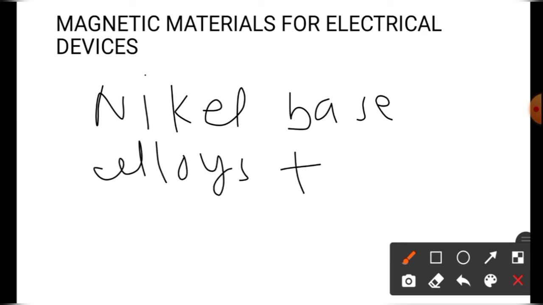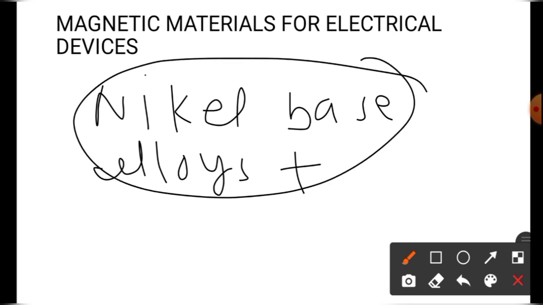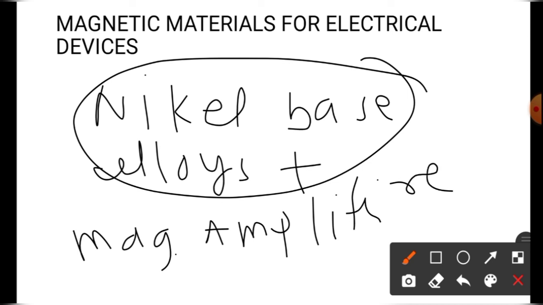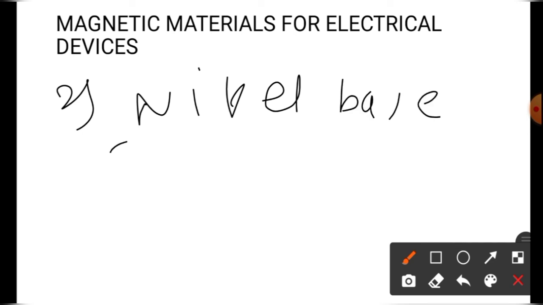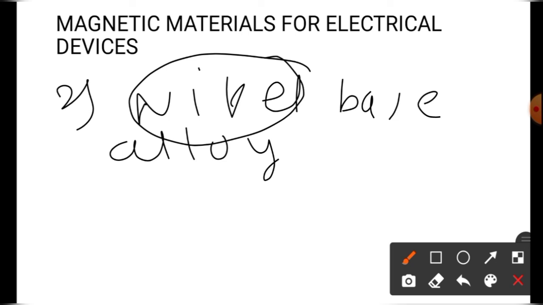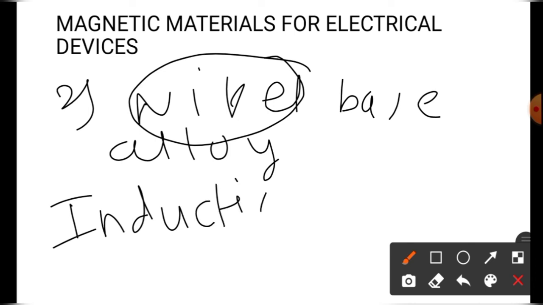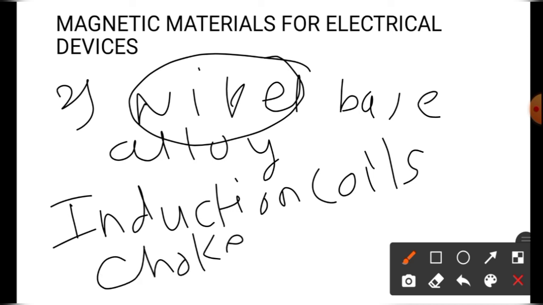When we add more nickel in the nickel base alloy, this material is utilized in magnetic amplifiers and current transformers. Second, in the nickel base alloy, when the percentage of nickel is reduced, this material is used in induction coils, chokes and transformers.